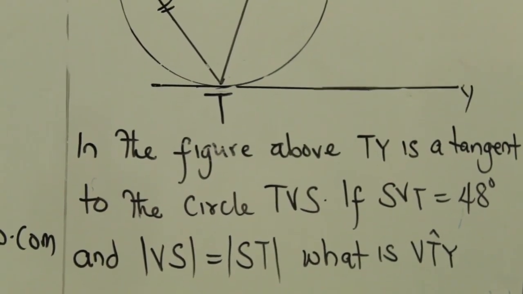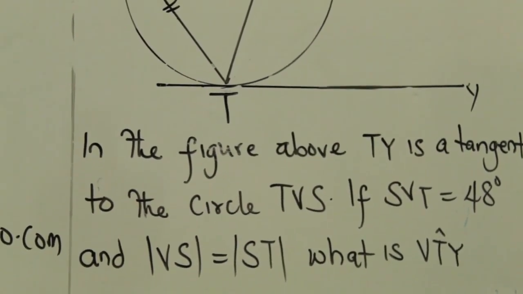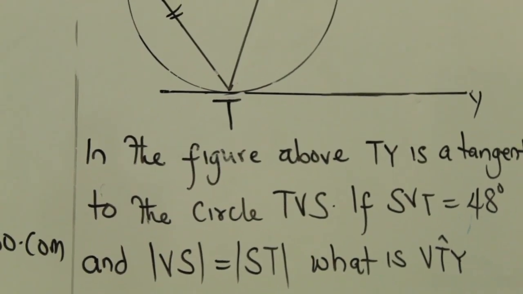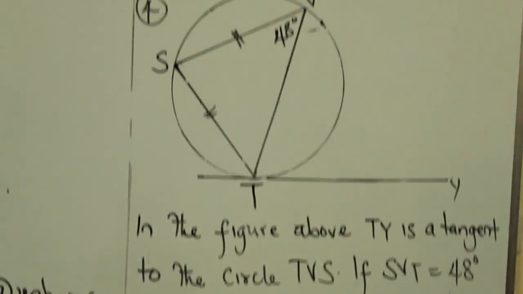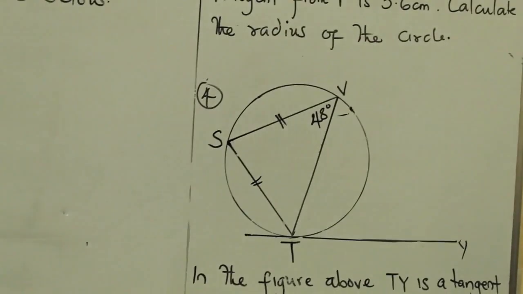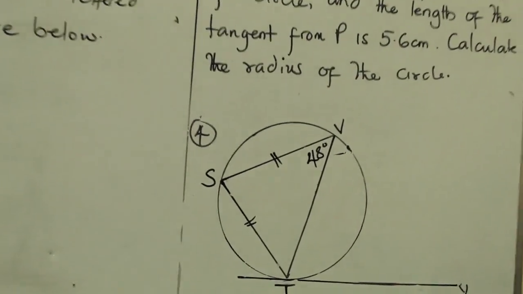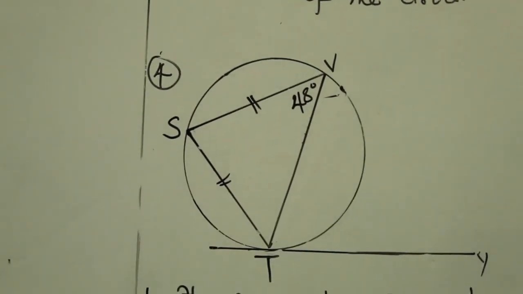In other words, find the angle VTY, knowing that SV and ST are equal. So if you can detect what kind of triangle that is, you will be able to solve that question.